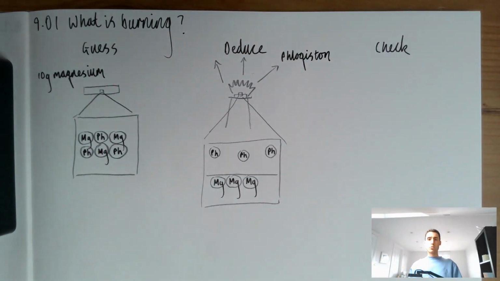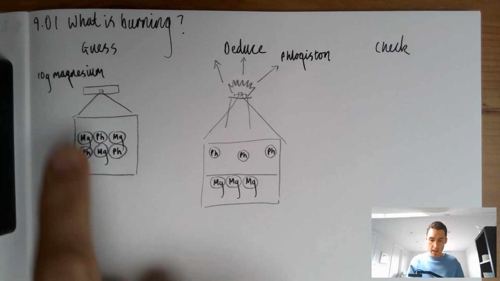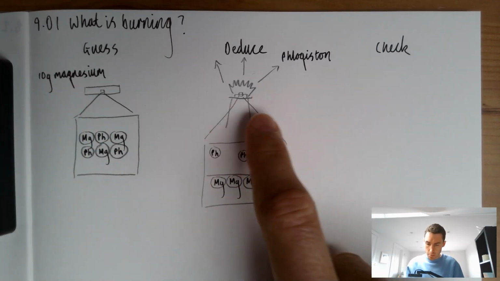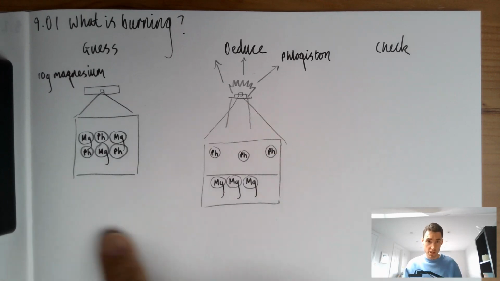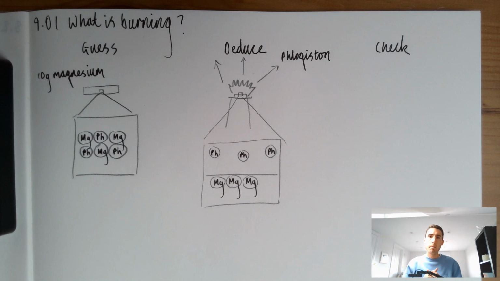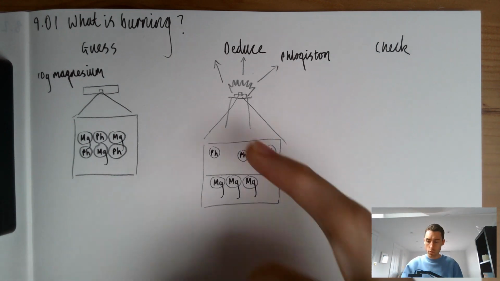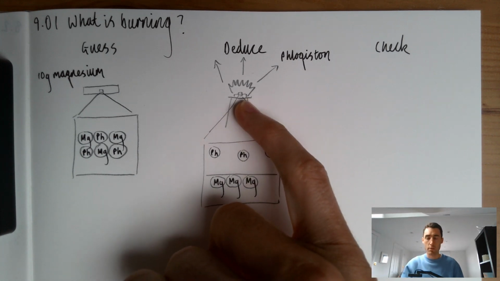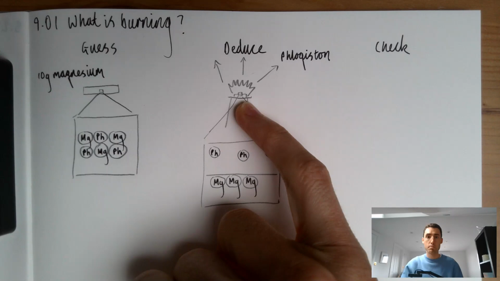And then this is the crucial bit. We want to think, well, okay, if we started with 10 grams of magnesium and then we burn it, and if we assume this is true, we release phlogiston out into the surroundings, I want to ask my students, well, what would you expect to happen? What would the mass of the magnesium be, or the product be, whatever's left behind, after burning has taken place?